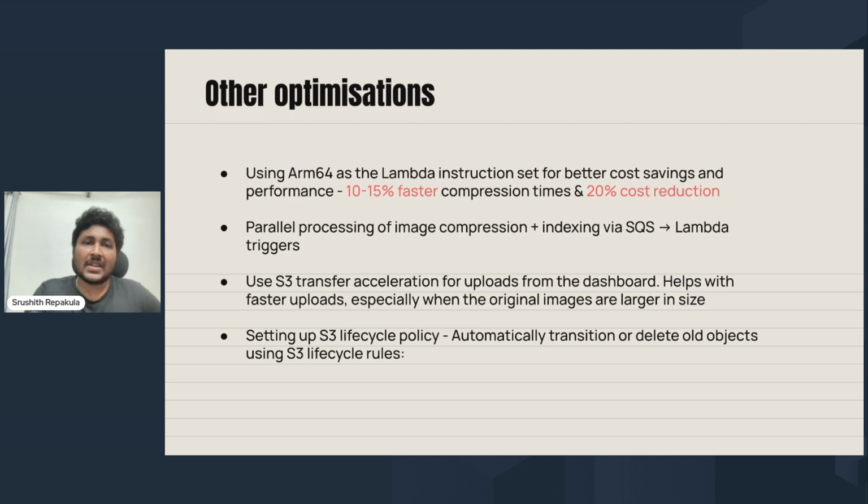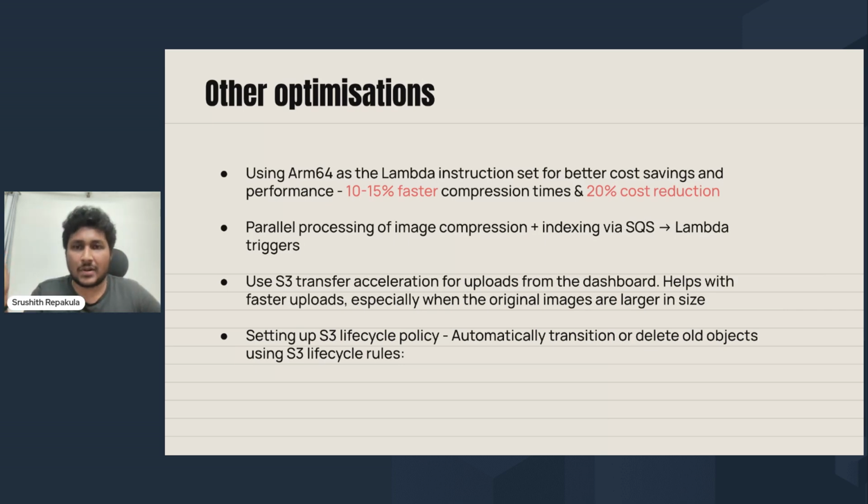We started using ARM64 for the compression and indexing Lambda function, the second Lambda function, if you remember from the architecture diagram. It improved performance by reducing the compression time by 10 to 15%, and eventually helped us cost 20% less.